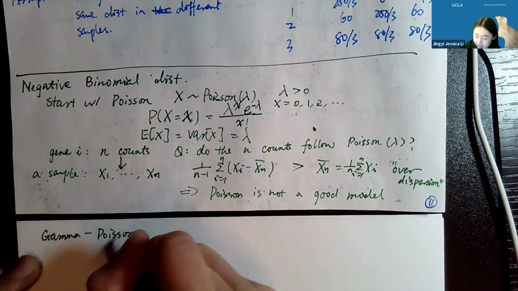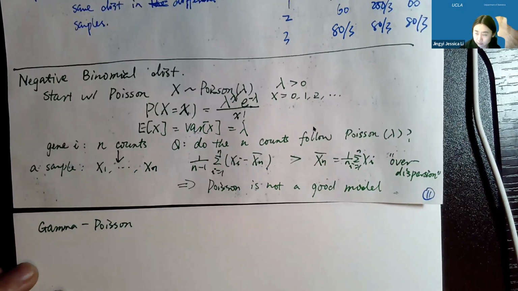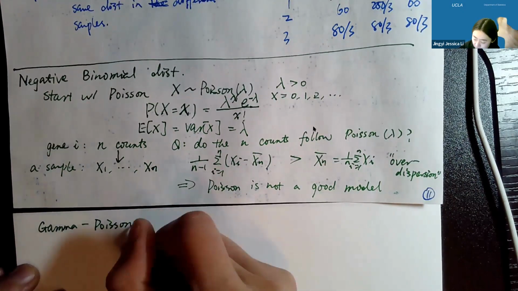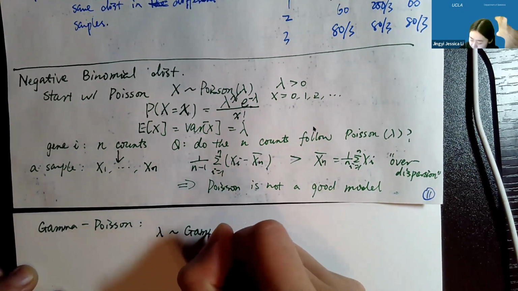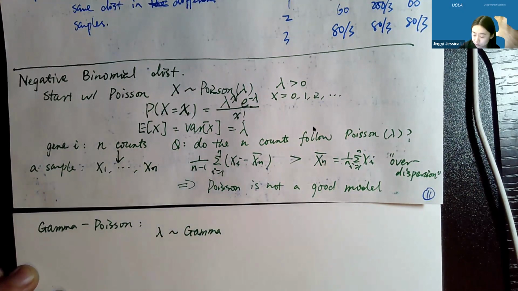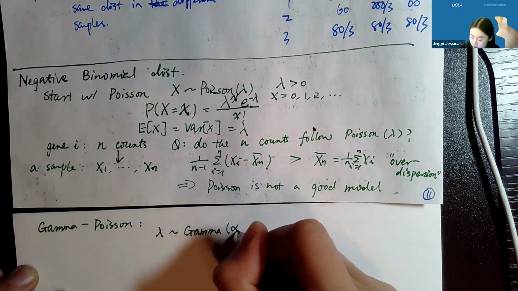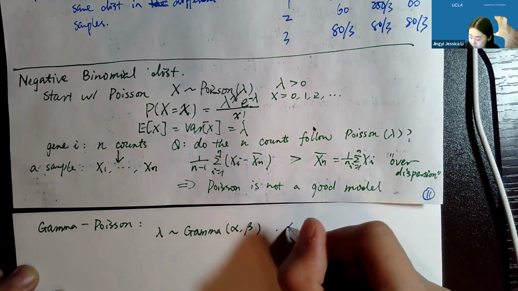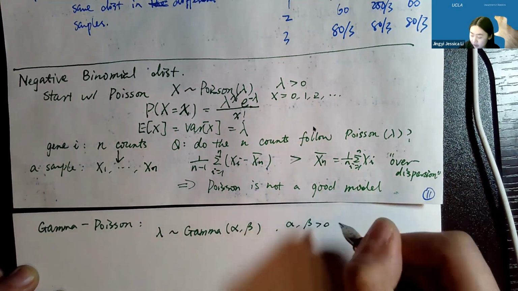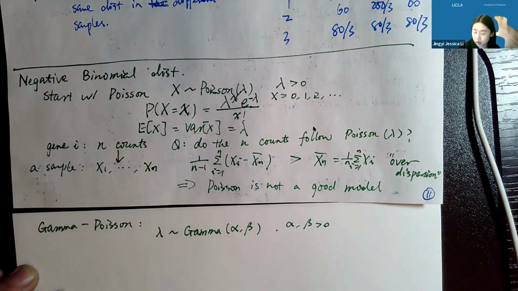So we call this the gamma Poisson model. This model has two layers. The lambda parameter follows a gamma distribution. We know the gamma distribution has two parameters that are both positive, which we denote by alpha and beta. The gamma distribution also has its support on the positive real line.